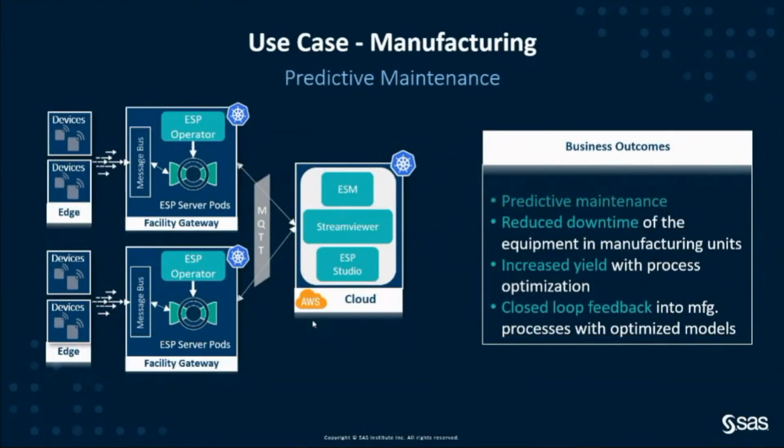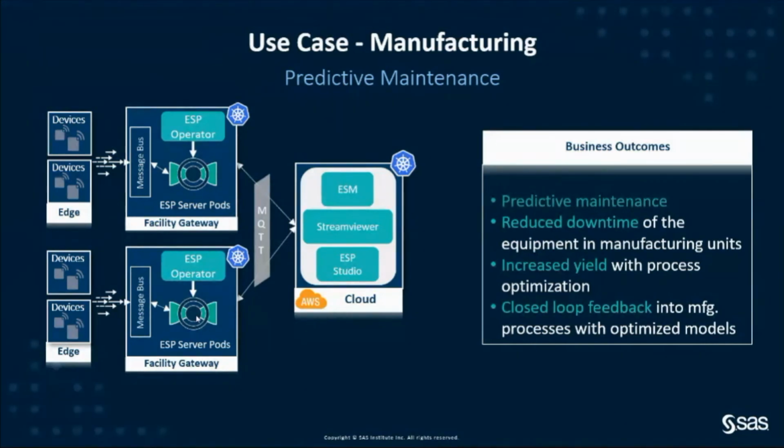What we were doing was getting all the data from the different sensors installed in the manufacturing unit, and all the data was being streamed to the local manufacturing unit, because this company has multiple manufacturing units across the country.